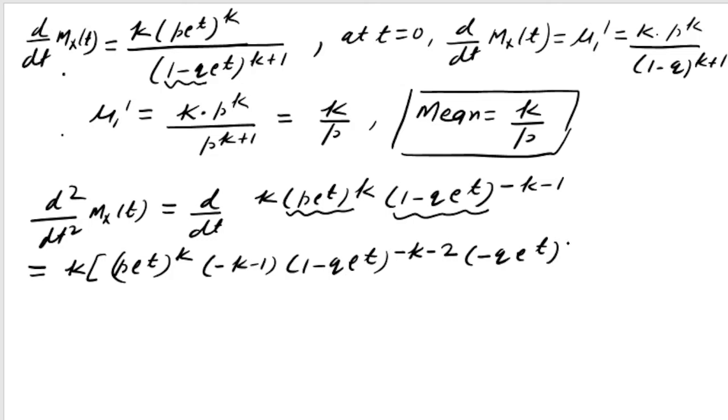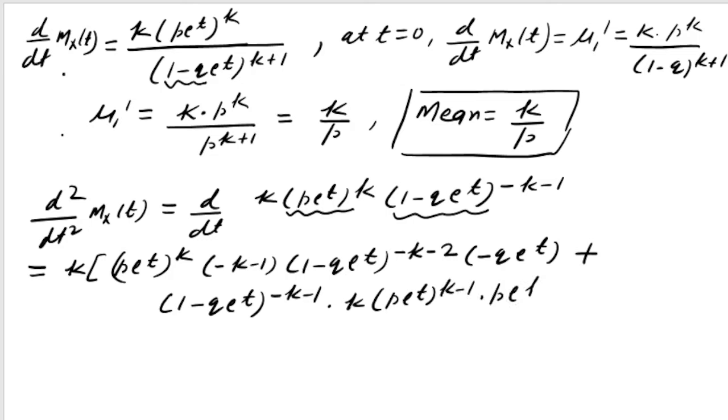So this is the first term. Now what is the second term? So plus the second function (1 minus q e to the power t) to the power minus k minus 1, and derivative of this, so k into (p e to the power t) to the power k minus 1, and derivative of this will again give me p e to the power t. Long calculation, but I hope we are getting it.